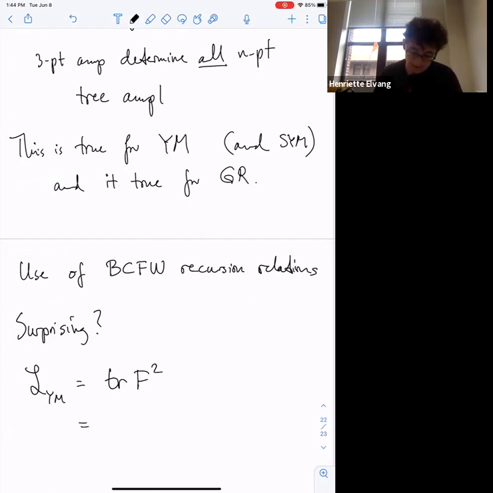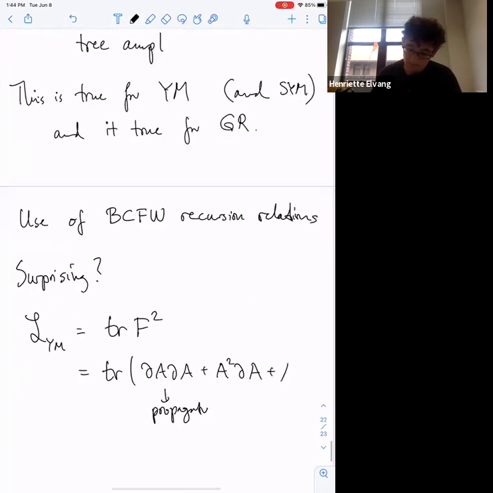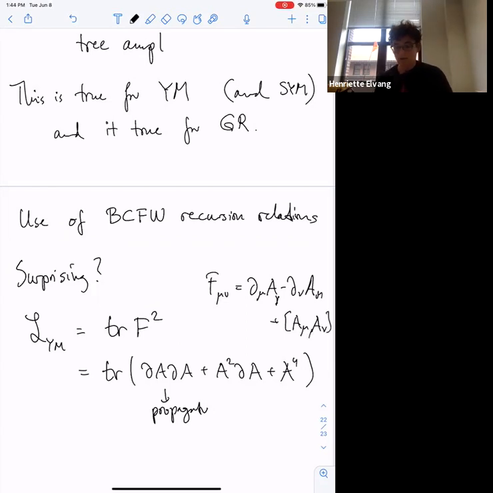When I write this out schematically, I get something that is dA, that gives me the propagator, plus something with 1 derivative and 2 A's, plus something with 4 A's. Because F mu nu is d mu A nu minus d nu A mu plus the commutator. And when you expand out the product in the non-Abelian theory, you get these interaction terms.